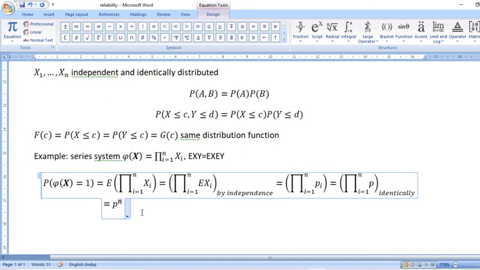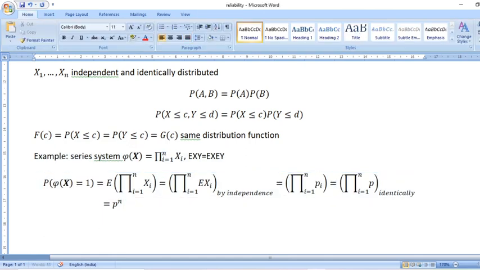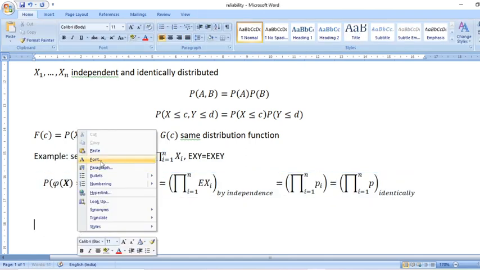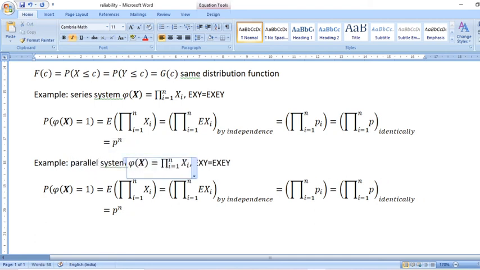Similarly, for a parallel system, what will be the result? You know the result in parallel system. Suppose we are considering a parallel system, then what will be the structure function? 1 minus the product.